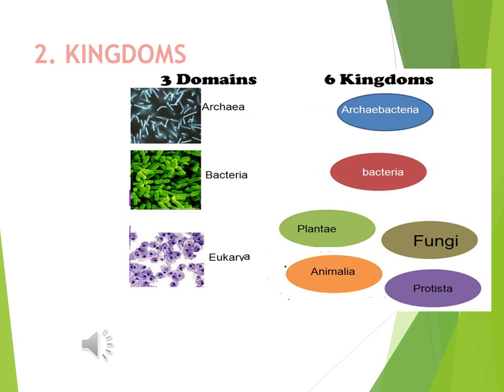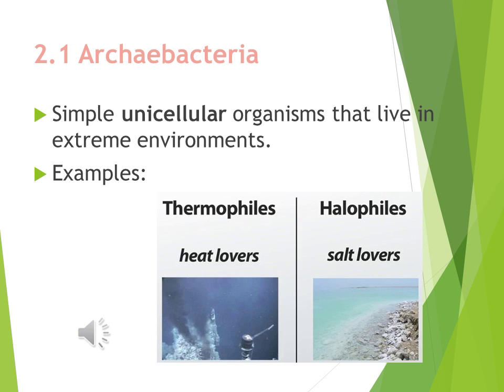Similar kingdoms are grouped into domains. In the three domains we can find kingdoms, so in bacteria we can find the kingdom Bacteria. In archaea we can find the kingdom Archaeabacteria. In eukarya we can find the kingdoms Protista, fungi, plantae, and animalia. In the kingdom Archaeabacteria, simple unicellular organisms live in extreme environments.